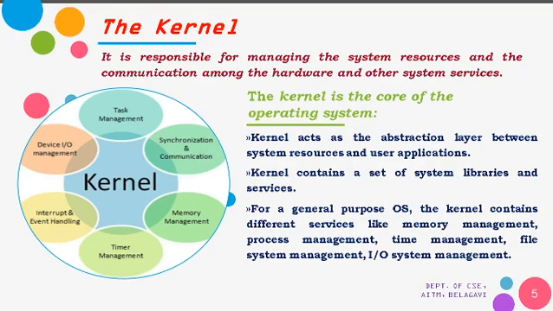So the kernel is the core of the operating system. The kernel will act as an abstraction layer between the system resources and the user applications, and the kernel contains a set of system libraries and services. So for a general purpose operating system, the kernel contains different services like memory management, process management, time management, file system management, then input output system management here.